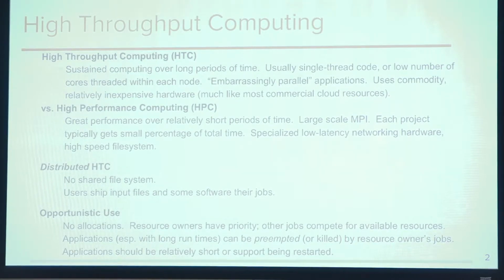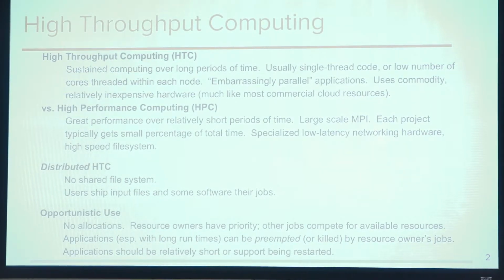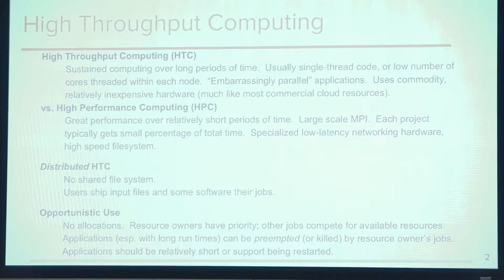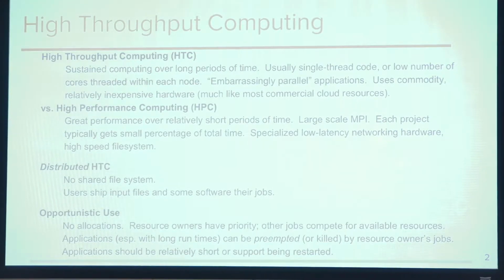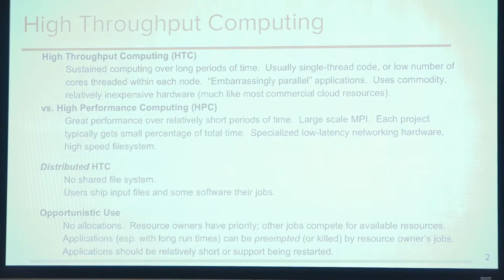So you just put your jobs in the queues, and whoever gets to them first gets to them. And the applications, especially the ones with long run times, can be preempted if the owner wants to use their own computers first. The other ones get kicked out. That's why applications have to be relatively short or support being able to be restarted.